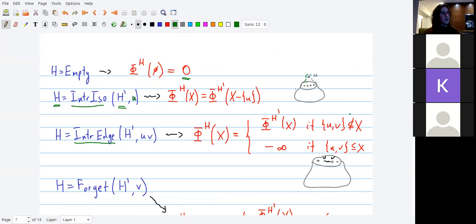Observe that I would like to understand how I should compute phi of a subset X, which is a subset of the new boundary. This subset either contains U or not, but independent of that, this vertex is isolated. It doesn't pose any problems with respect to the other vertices.